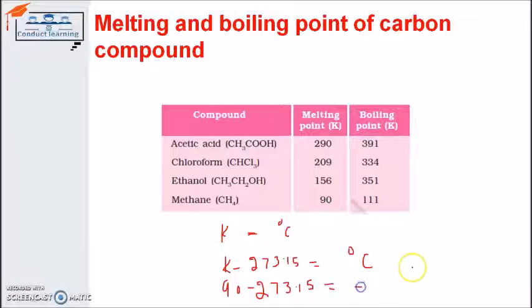It will be in minus degrees Celsius, around minus 183.